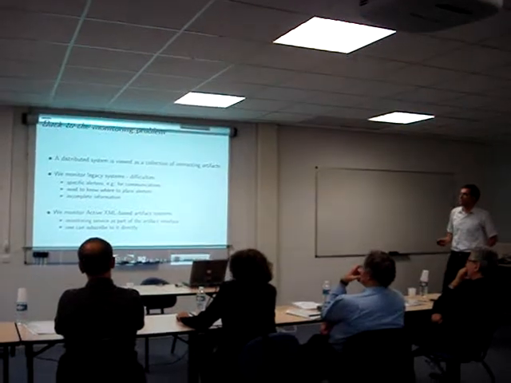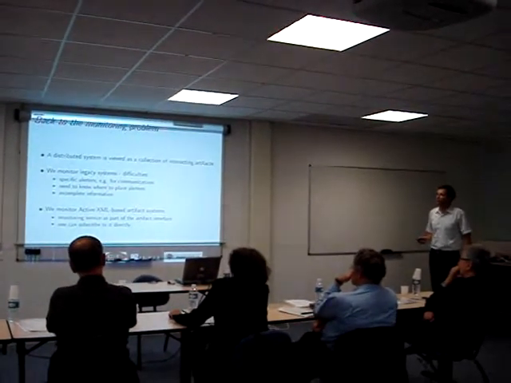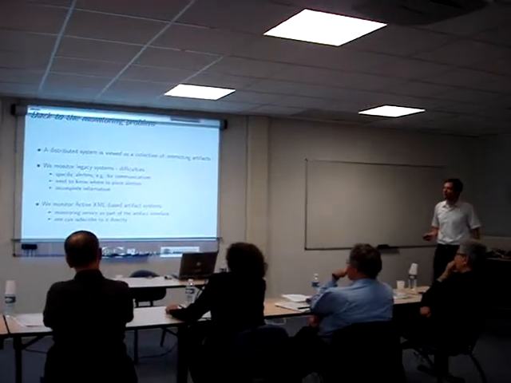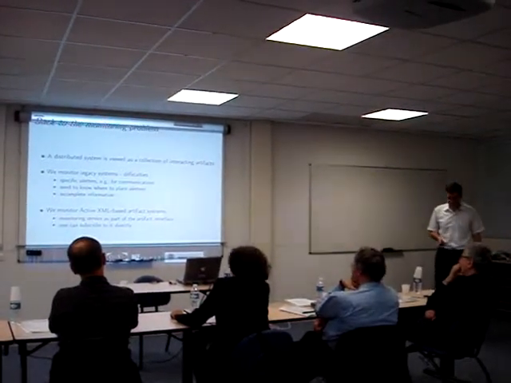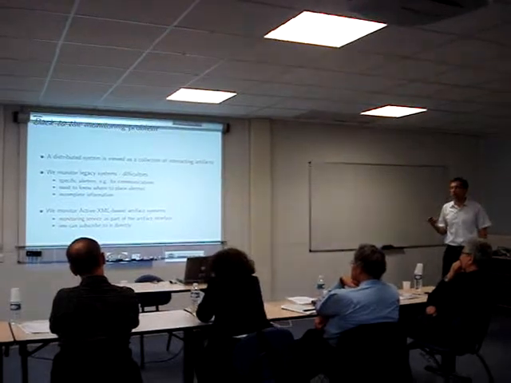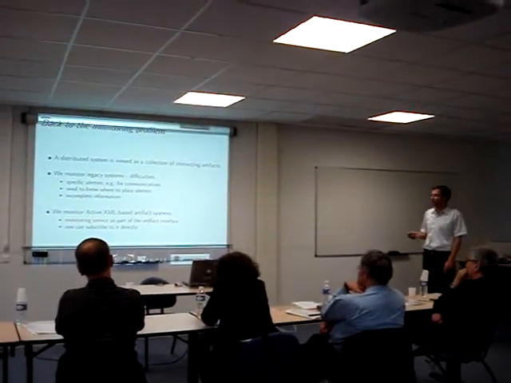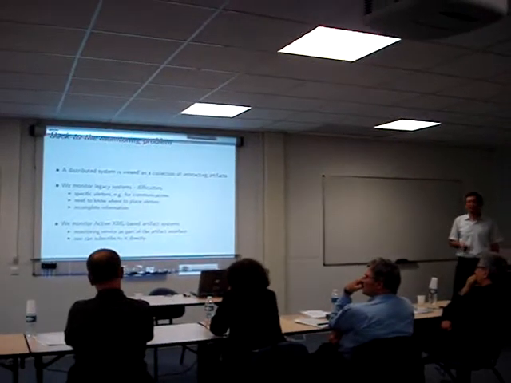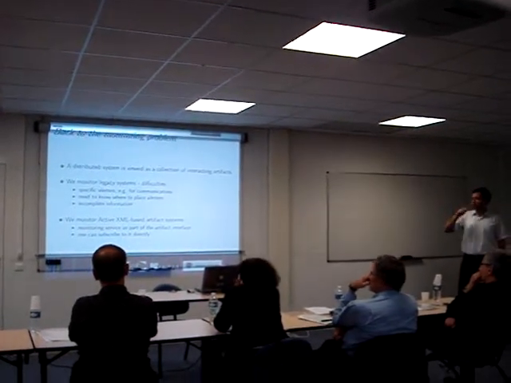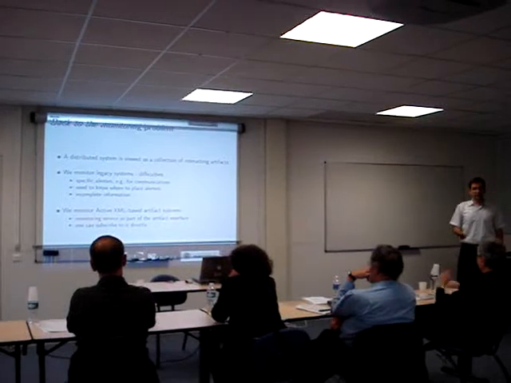And for this, we still need to have alerters. We need to know where to place them, and there is incomplete information typically. But for the ActiveXML artifact-based system, monitoring service is simply a part of its logic. So it is a service to which one can subscribe directly.